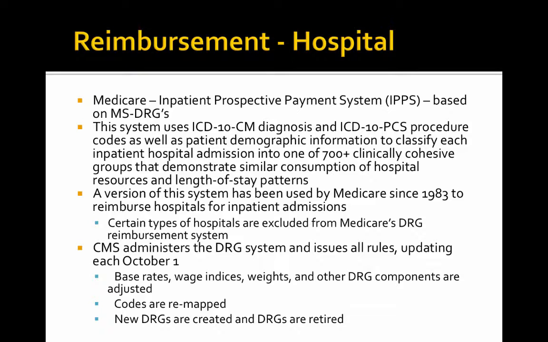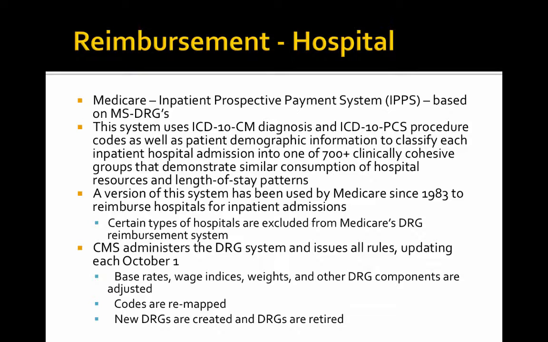Those are called outliers, and that's when there's a radically expensive service on the claim, like a very, very expensive device, maybe a $100,000 device or something of that nature. But that is very, very rare. If you were a facility that had a large number of those, you would be a red flag type facility where they would be auditing your claims. So it should be very rare that you would have those types of things.